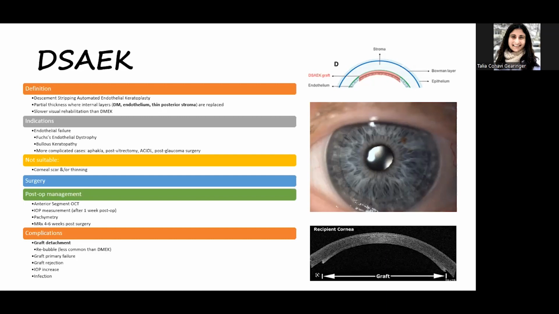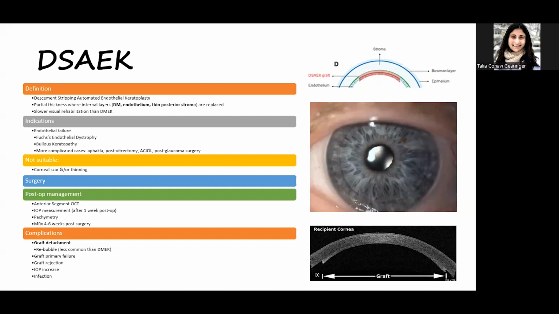Indications for this type of transplant is any patient that shows that there are not well-functioning endothelial cells, so that inner layer of the cornea is not functioning well. For example, patients that have Fuchs endothelial dystrophy, meaning that those inner layers are not functioning well. Patients can show with corneal swelling because the pumping system within the inner layer is not functioning well, so we can just replace that layer in the cornea.